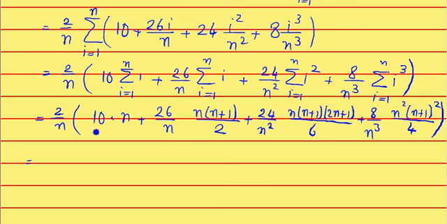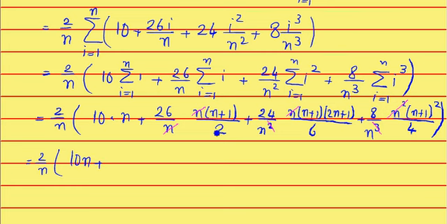Okay, now let's go ahead and open up these items in the parentheses. Perhaps one thing we can do first to do a bit of a cleanup: n's here cancel out, n squared and n here, 1 n here cancels 1 n here, n squared and n cubed, 2 n's here cancel 2 n's here. Now I can go ahead and write 2 over n. This is 10n.